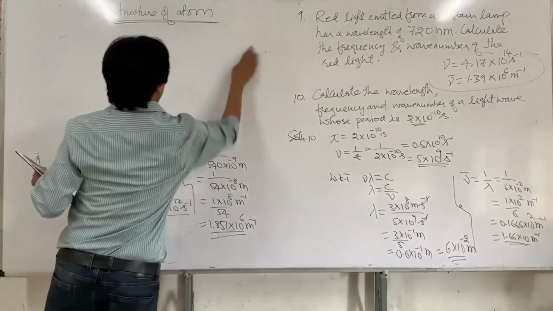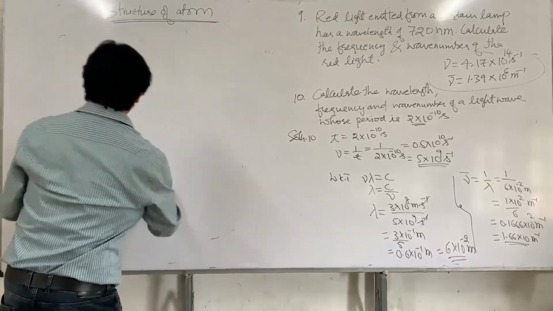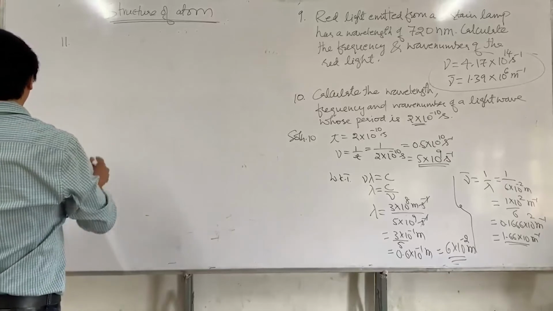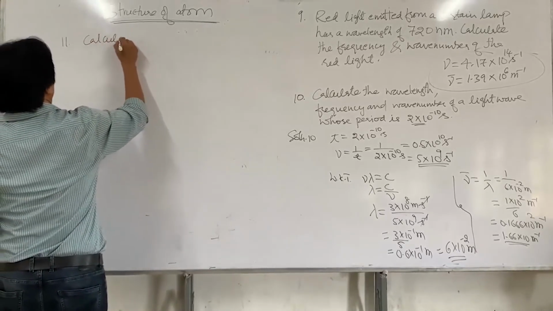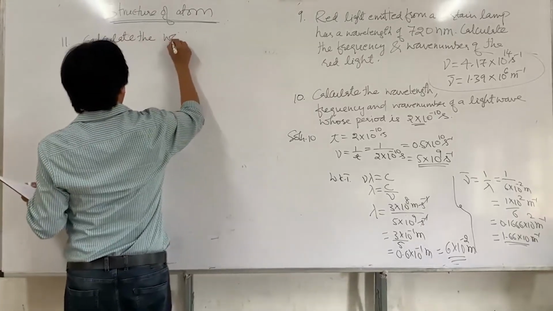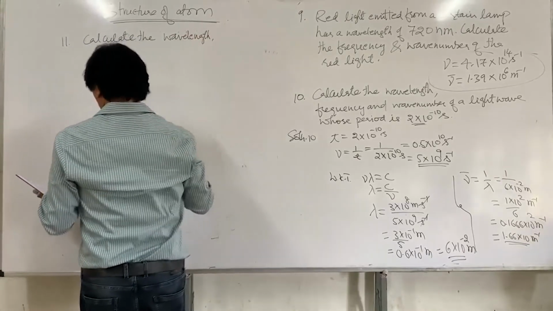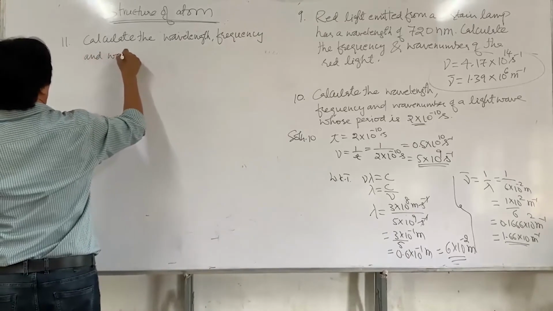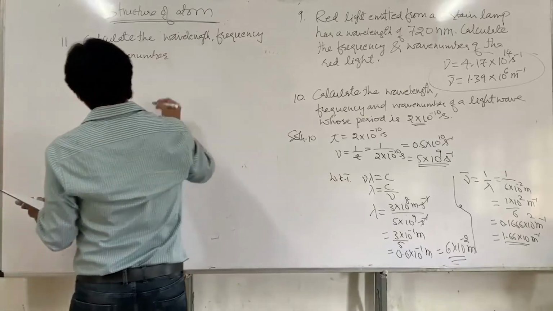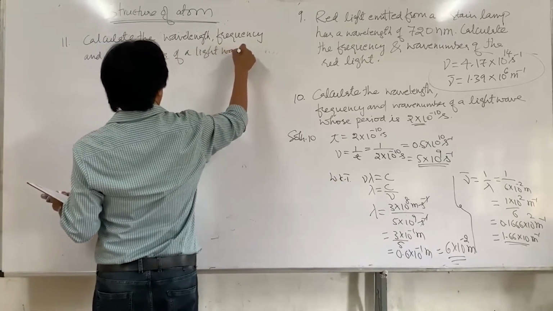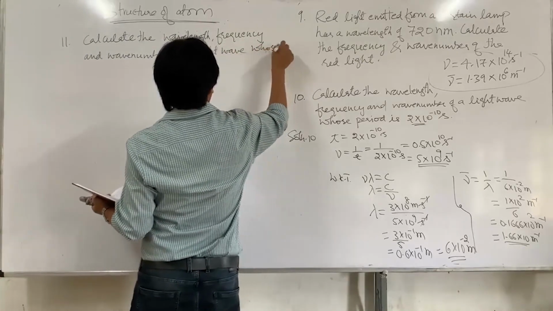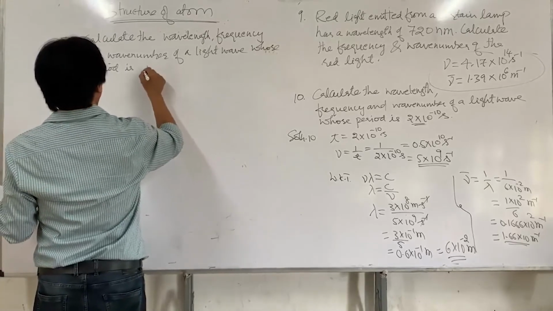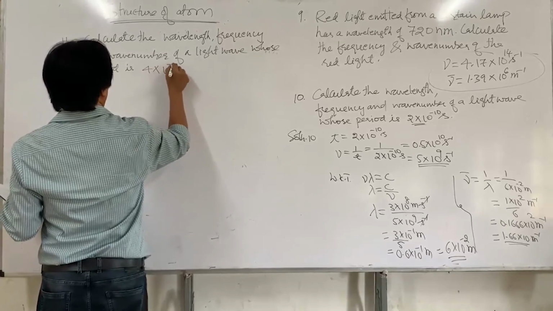So that problem is, question number 11: calculate the wavelength, frequency, and the wave number of a light wave whose period is 4 into 10 raised to the power minus 12 seconds.